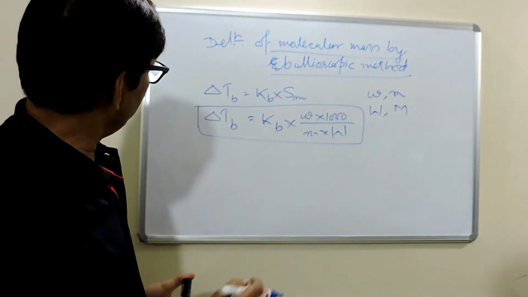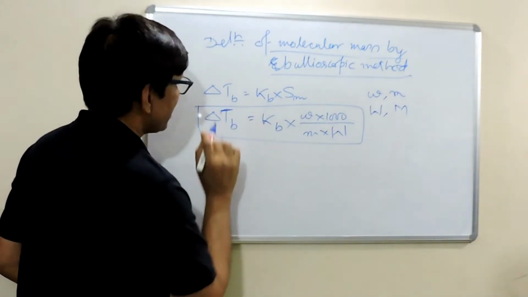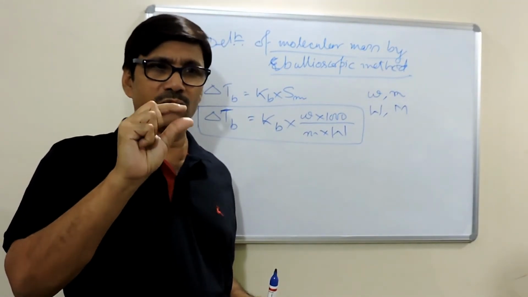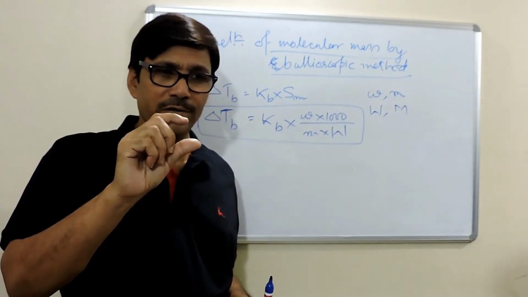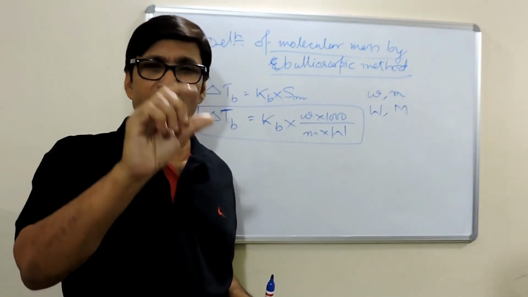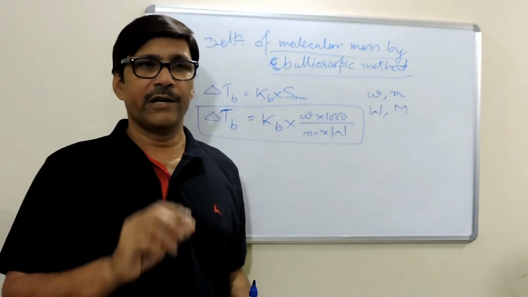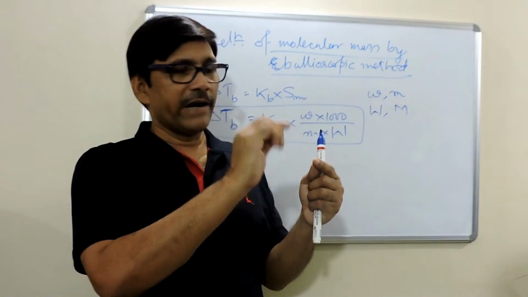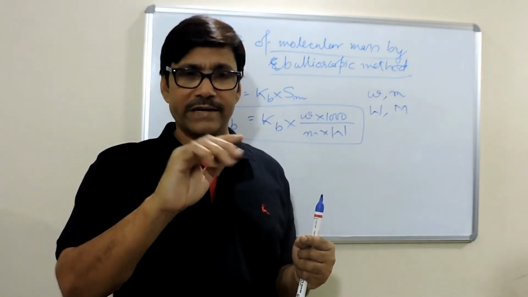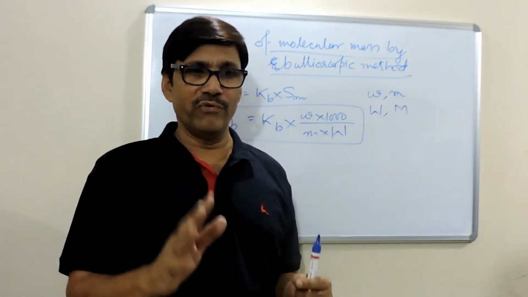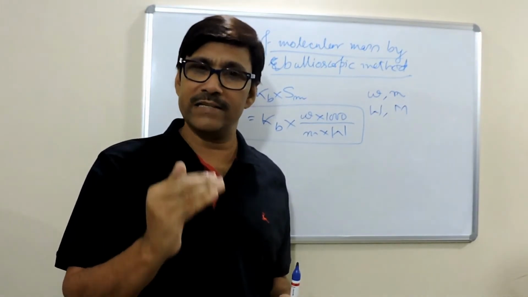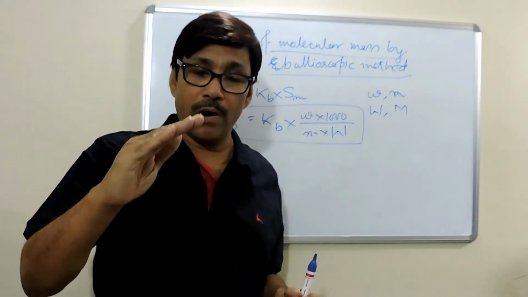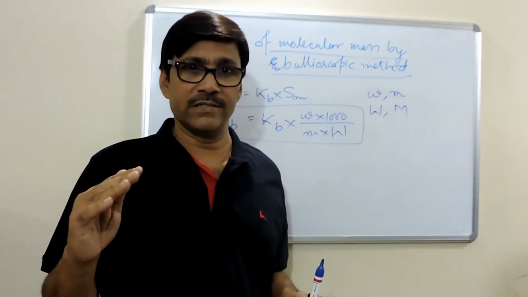But the problem is this difference in boiling point, the elevation in boiling point, is so small that it is not easy to measure with an ordinary thermometer. In an ordinary clinical thermometer, we have 1 degree divided into 10 parts, isn't it? 10 divisions are there. So we take a highly sensitive thermometer where 1 degree is divided into 50 parts or 100 parts.